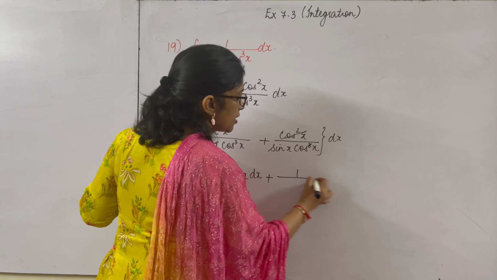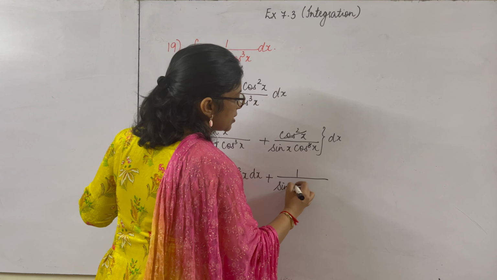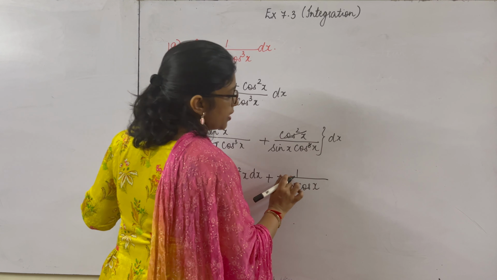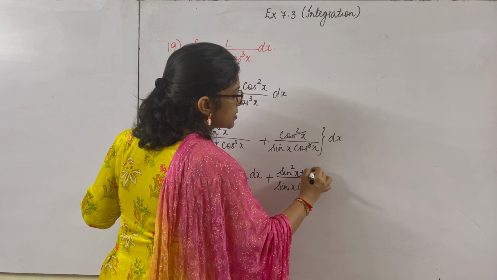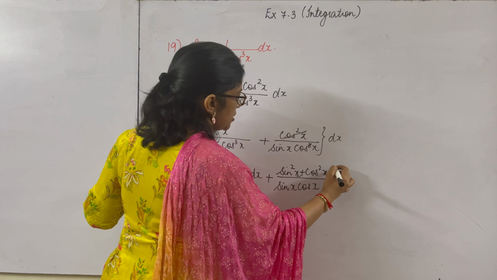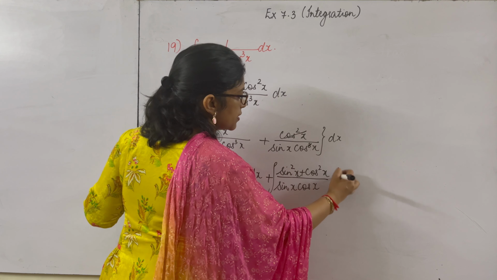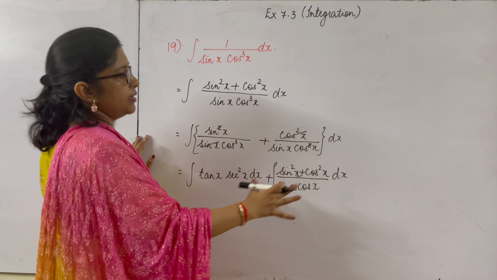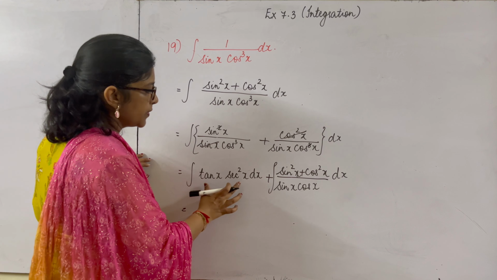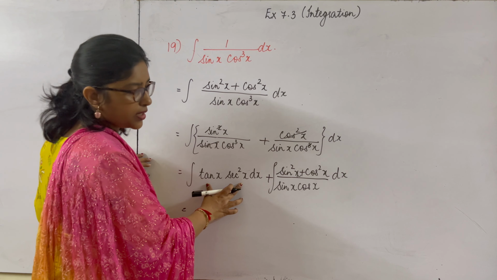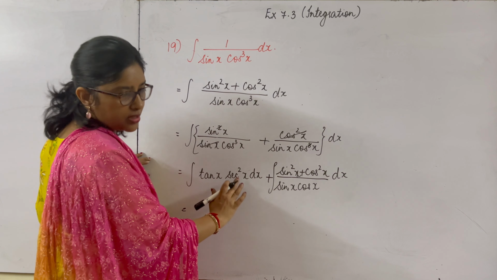Now we once again have 1 upon sin x cos x. So this one again we will write as sin square x plus cos square x, so that once again we can separate this and get an integrable function. So tan x into sec square x, we know this is the function, this is the derivative.